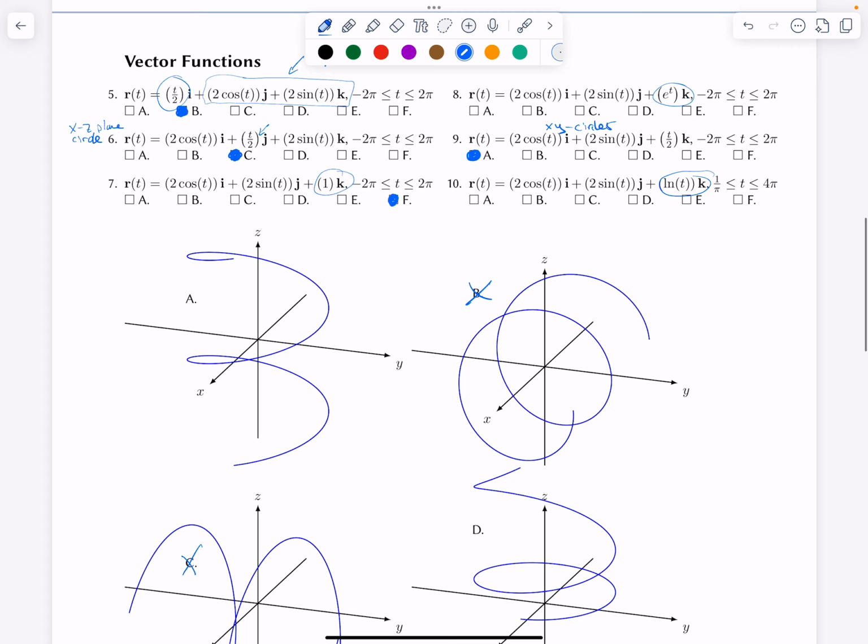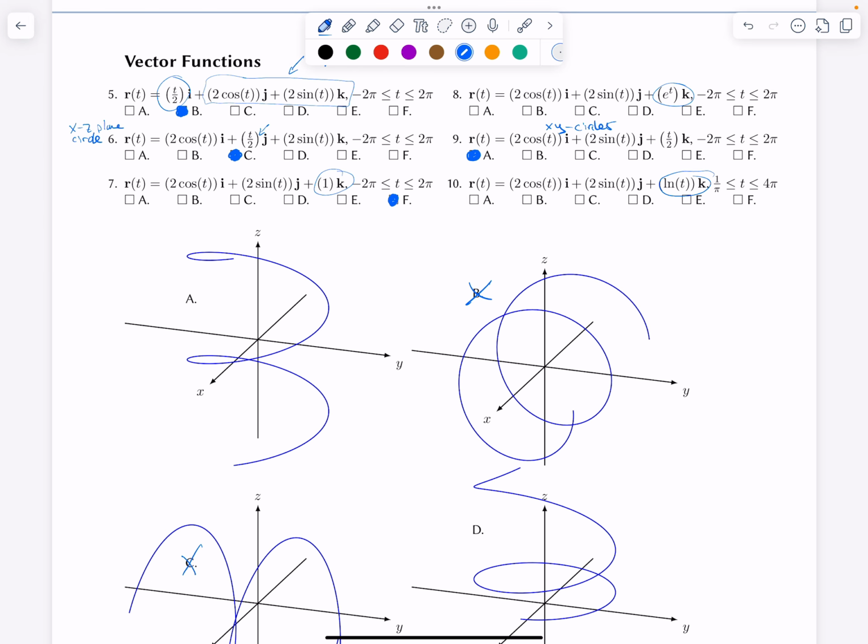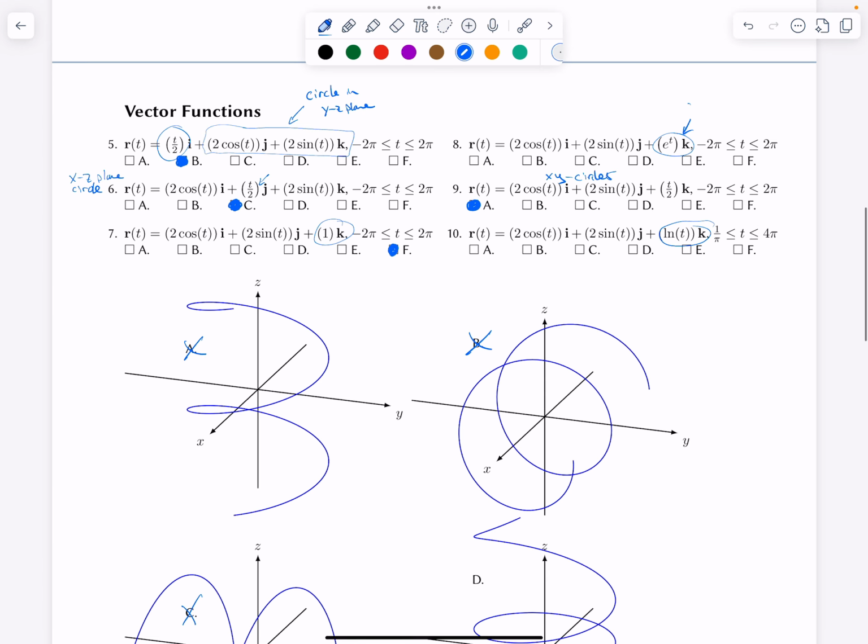Now, as far as distinguishing between number 8 and number 10, this one was A. In number 8, the circles are stretching as t increases. And in this one, natural log of t, let me just show you what natural log of t looks like.